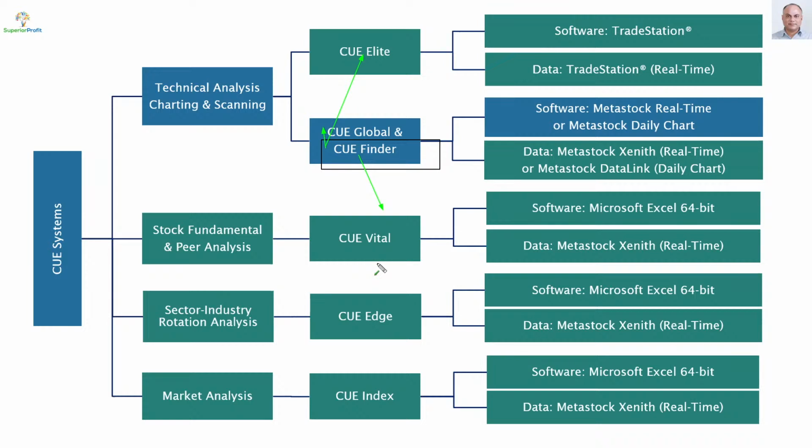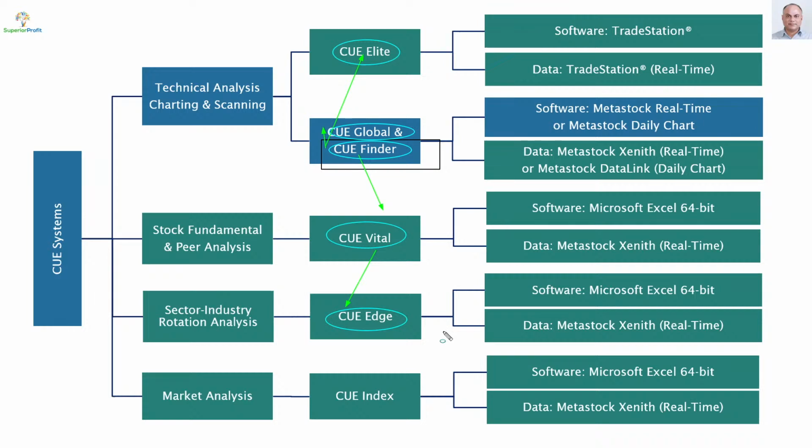If the stock or stocks are looking fundamentally strong, from Q Vital you could look up their industry strength. Again, with these steps you will ensure that the stocks have Q signals first of all, then you would have confirmed their setup using Q Elite, Q Global, fundamentals using Q Vital, and industry strength using Q Edge. That will be the bottom-up approach where you start with Q Finder.